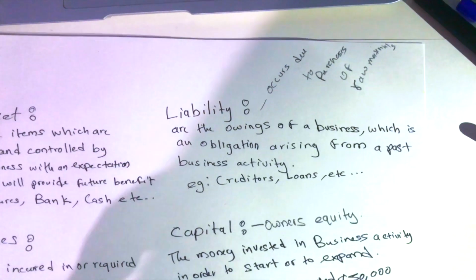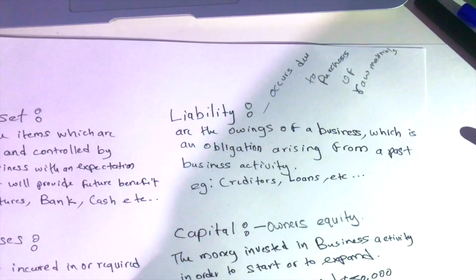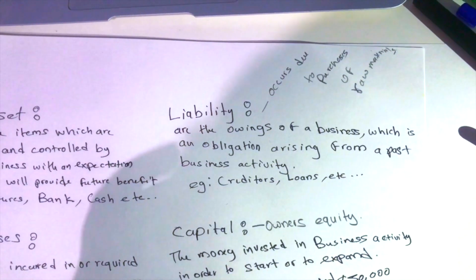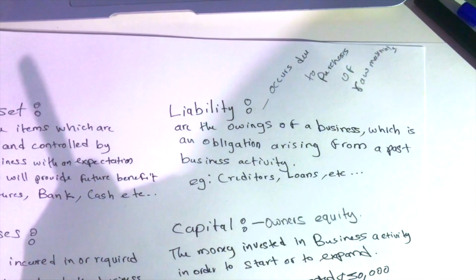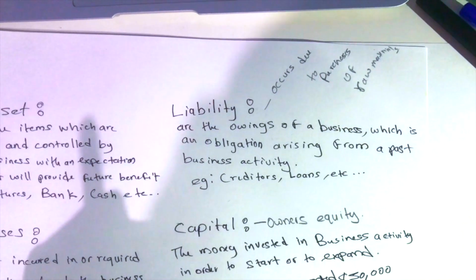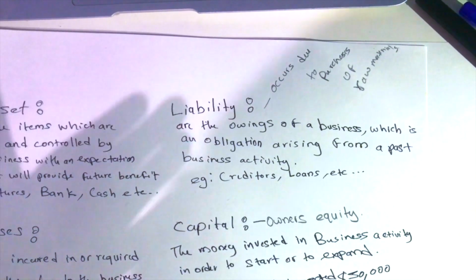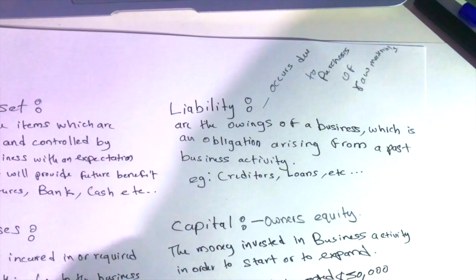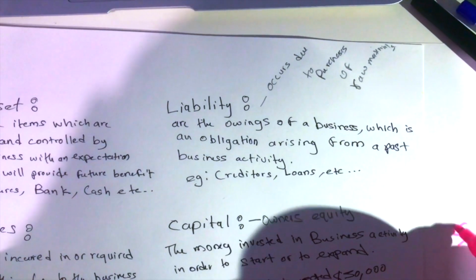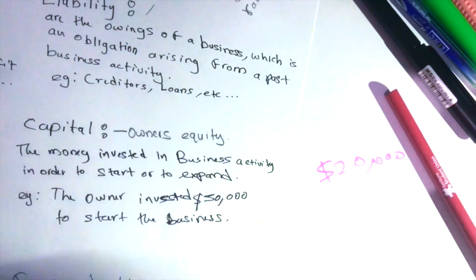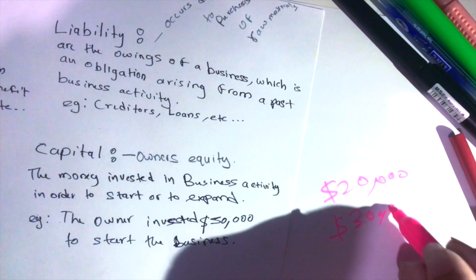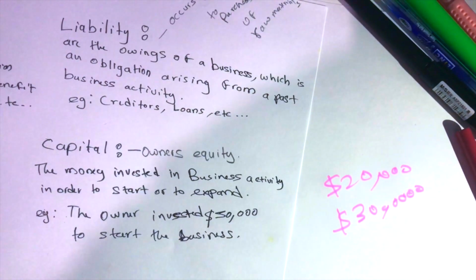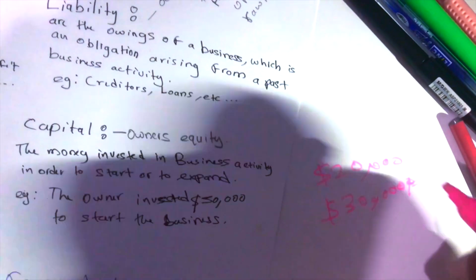How do creditors get created? You go to a place and you want some raw materials. Maybe you are making some pencils, you want some wood, and it costs you $50,000 to purchase the raw materials. What you do is you pay $20,000 in advance, and then you leave the $30,000, and you make a promise that you will pay that in the future.